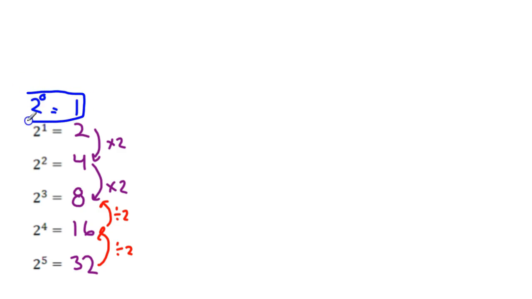So right here, this is a big rule. We call it the 0 power rule, but I'm going to say the 0 power equals 1. So whenever you have a number raised to the 0 power, it equals 1. If I have 3 to the 0 power, that equals 1.